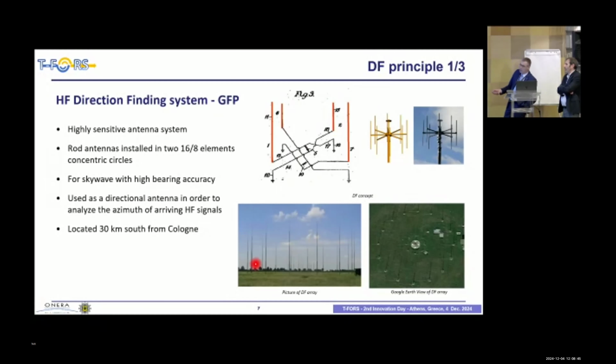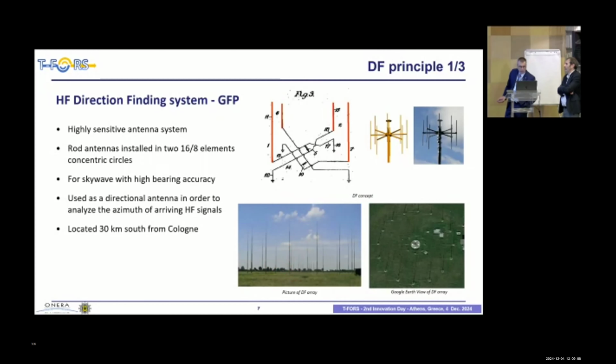Two circles with 16 and 8 element concentric circles. The outer circle, the large antennas here, is for the frequency from 1.6 megahertz to 7 megahertz, and the inner circle is used for the frequency from 7 megahertz to 30 megahertz.